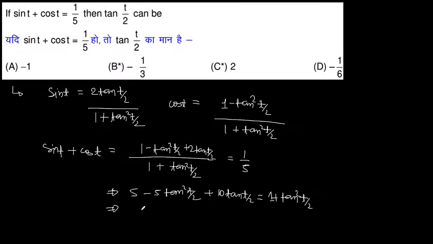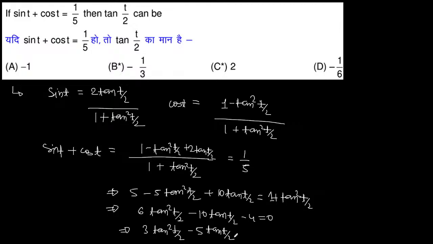It will go that side, it will become 6 tan square(t by 2) minus 10 tan(t by 2) minus 4 equal to 0. This is 3 tan square(t by 2) minus 5 tan(t by 2) minus 2 equal to 0.